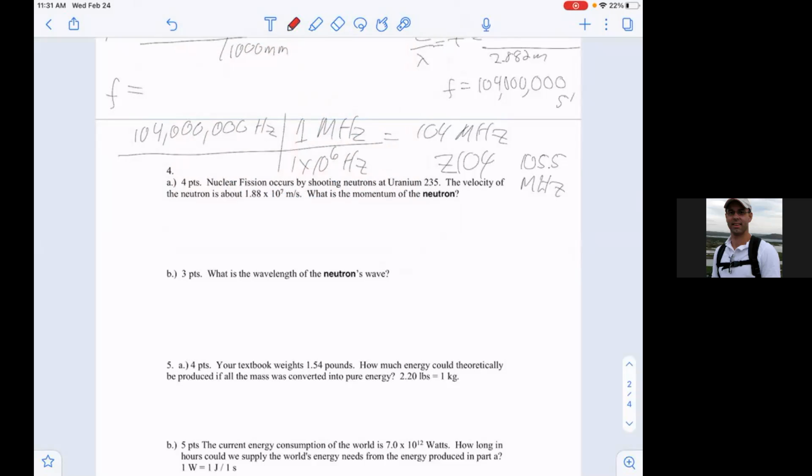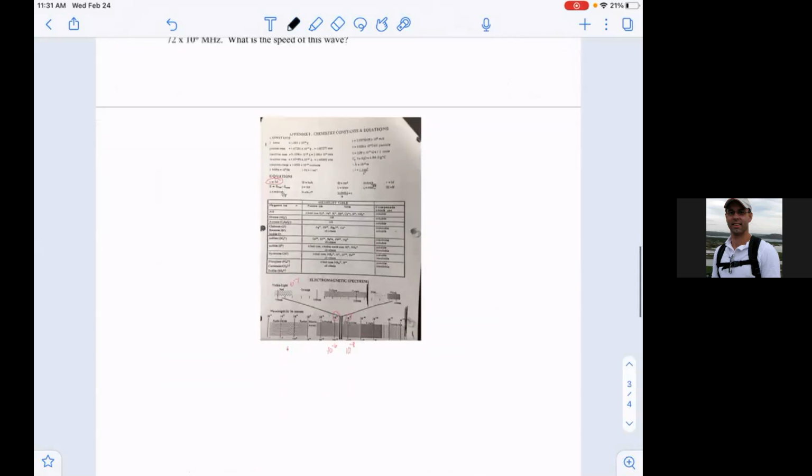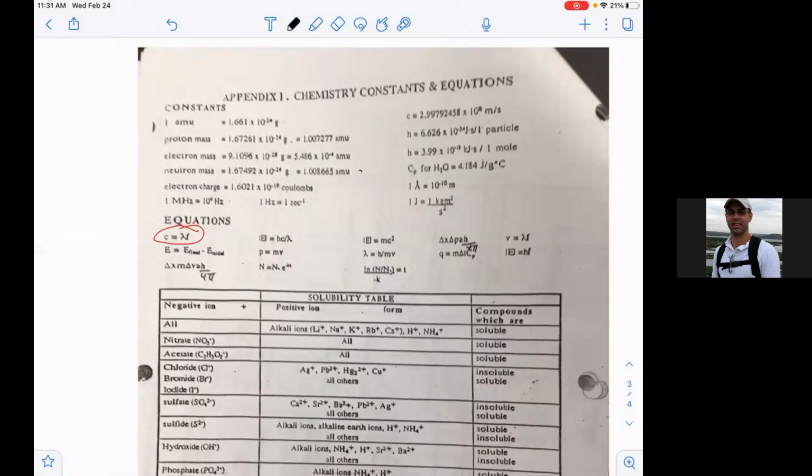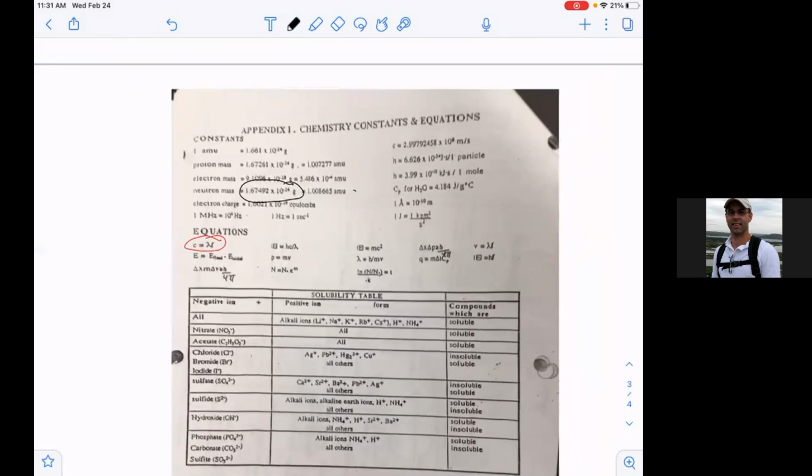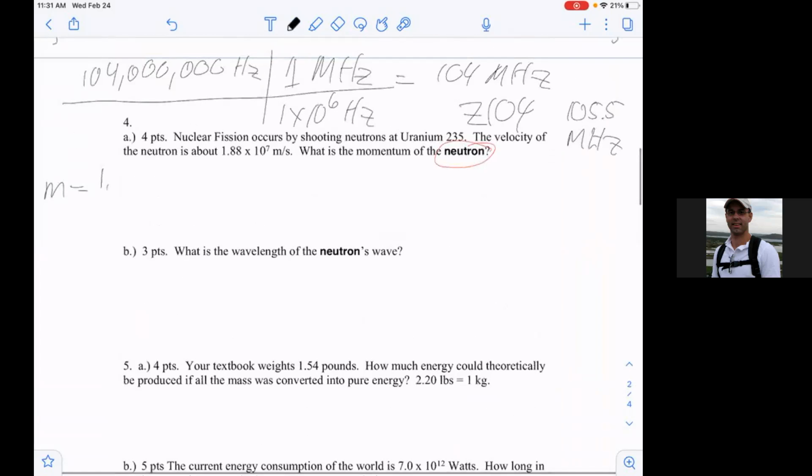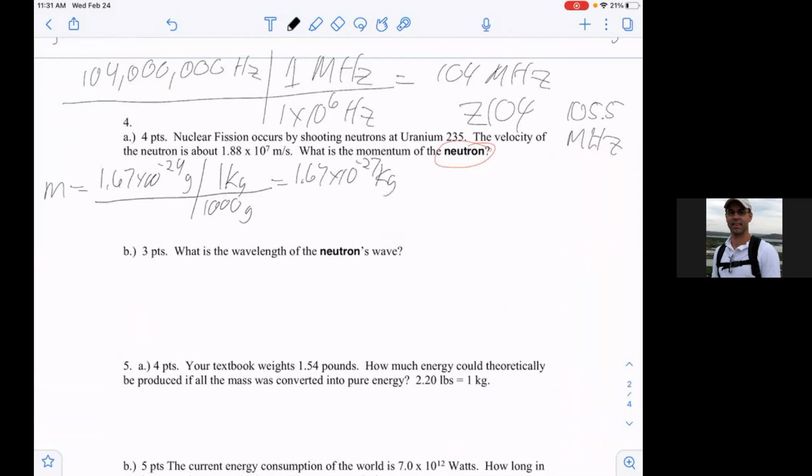All right, number 4, we're looking at the momentum of a neutron. I even put it in bold. The mass of a neutron is 1.67 times 10 to the negative 24. You have to convert to kilograms. If you got to the negative 28th, you're probably not using your calculator right.